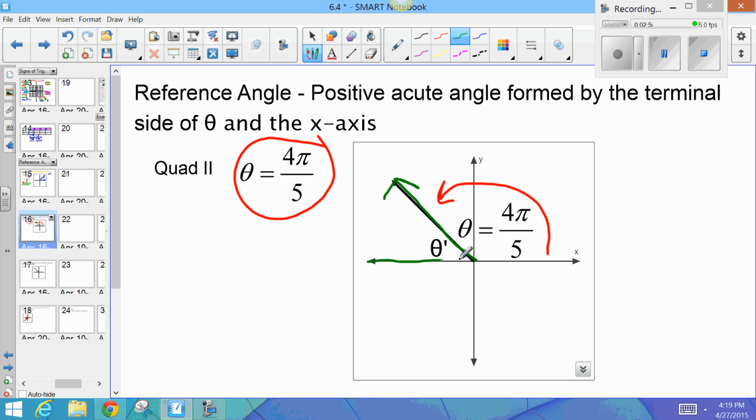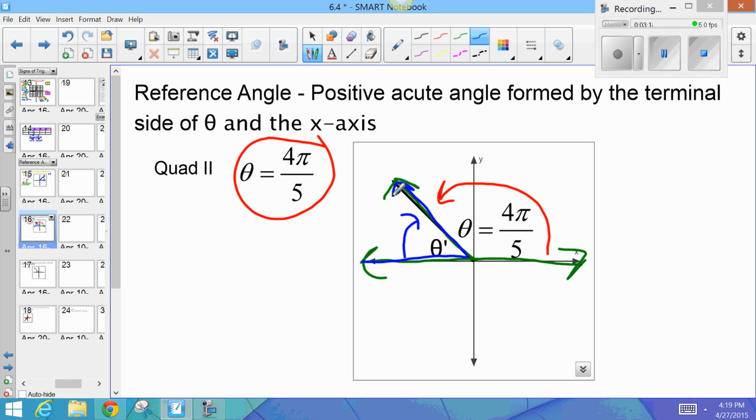Now, all of this is the x-axis, but that red part is not acute. So here I've got a different, smaller angle that is acute. This angle in blue is the reference angle, the positive acute angle formed by the terminal side of theta and the x-axis. So how am I going to find the measure of that blue angle?